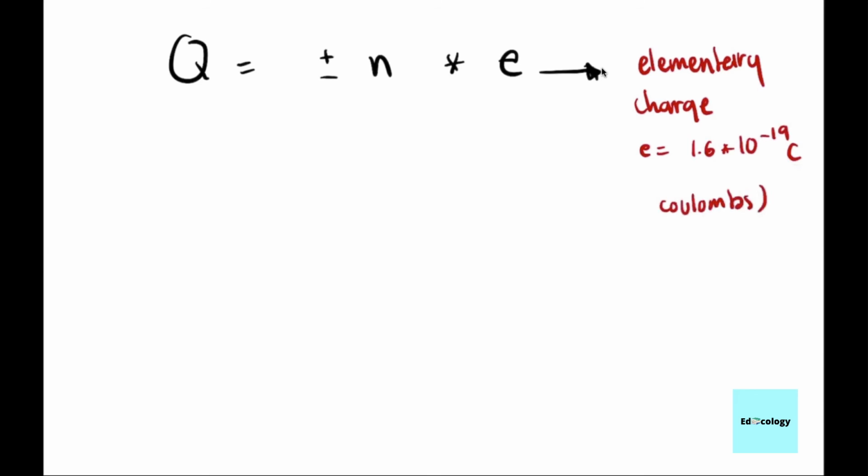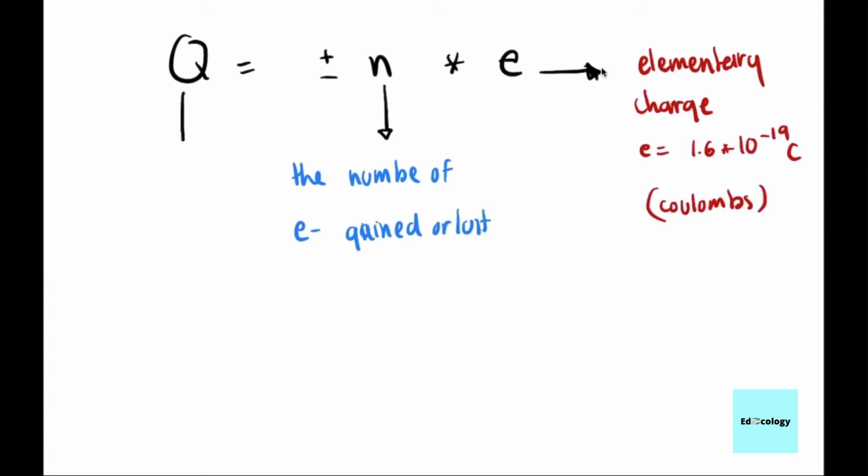N is basically the number of electrons gained or lost. And finally, Q is basically the charge of an object.